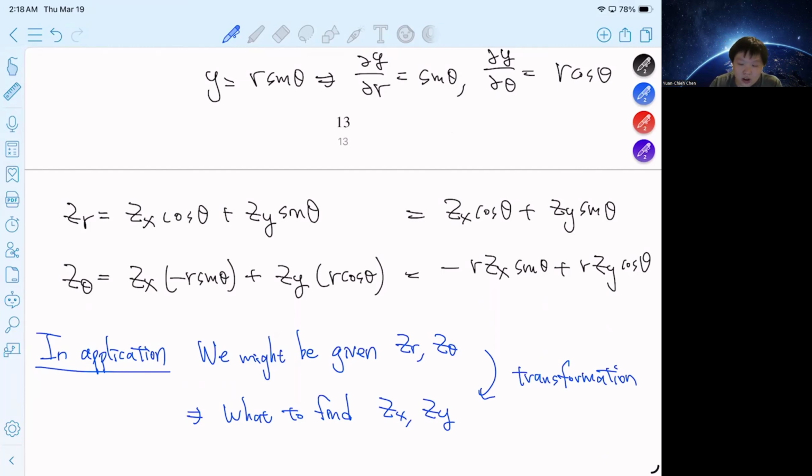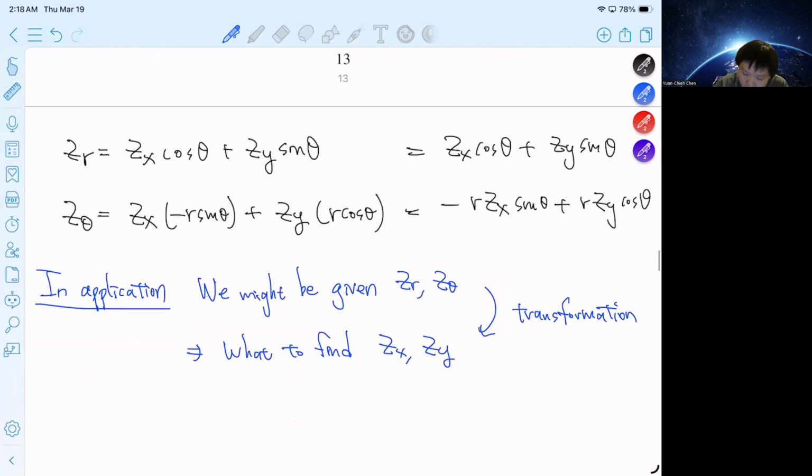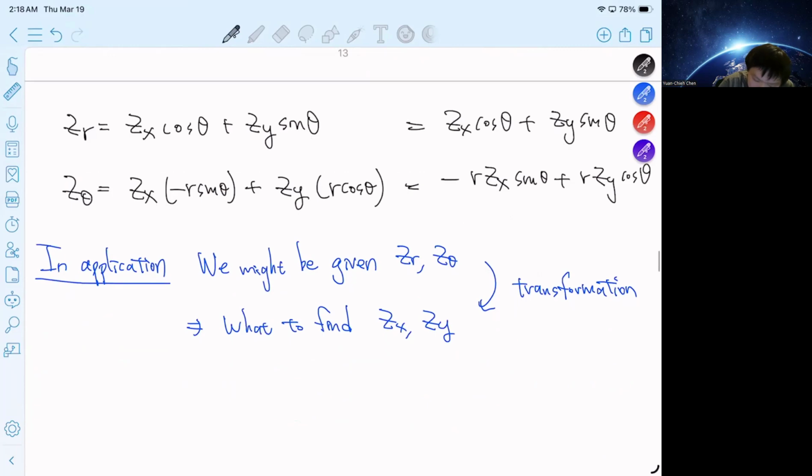So in this case, we are given two functions. I want to solve for Zx and Zy. So we can solve that. From Zr equals Zx cosine theta plus Zy sine theta, I want to solve this.